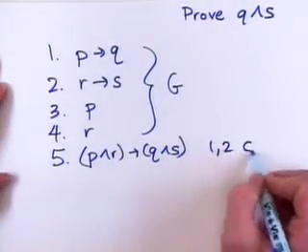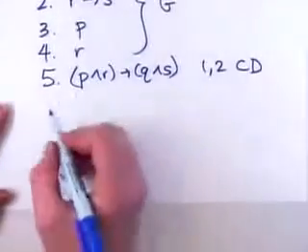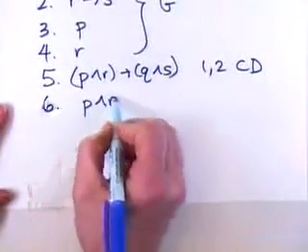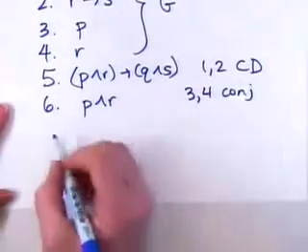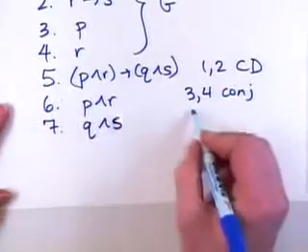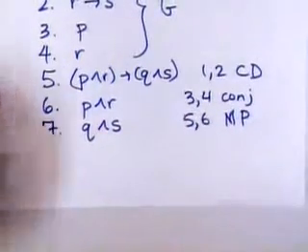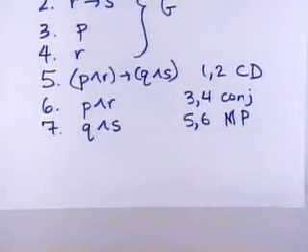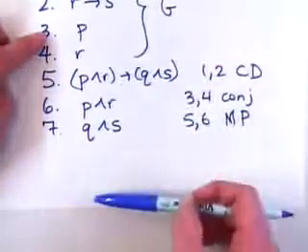So 1 and 2 in constructive dilemma will combine those 2 lines, and then 3 and 4 I can put together to get P and R with my what rule? Conjunction. So with 5 and 6, I can use modus ponens and get Q and S. I could have used modus ponens and got Q from one line and got S from another line and done conjunction.